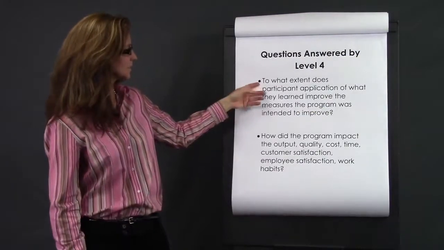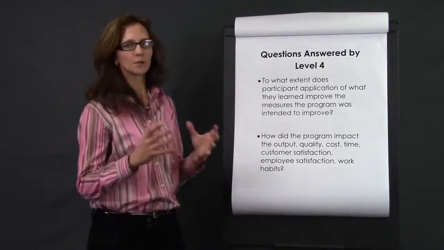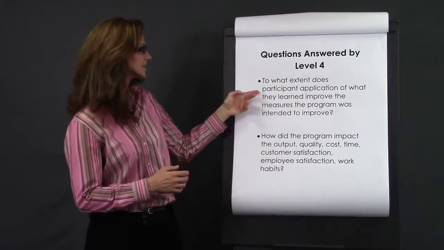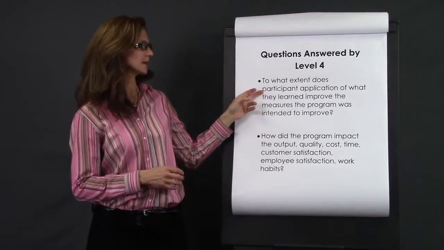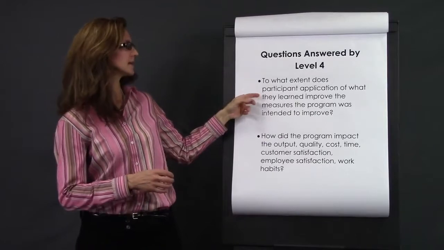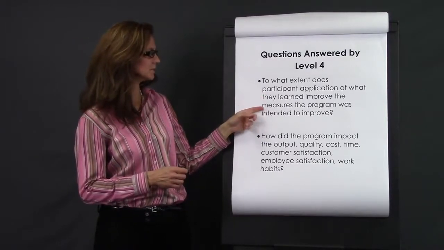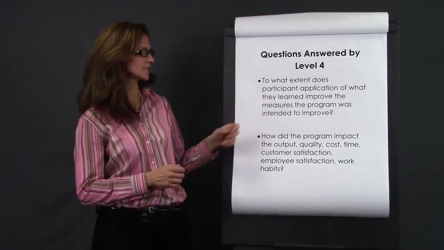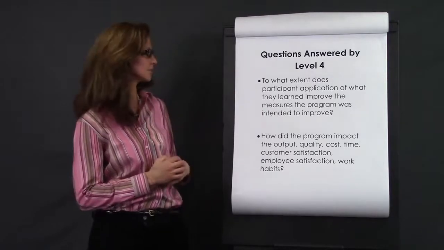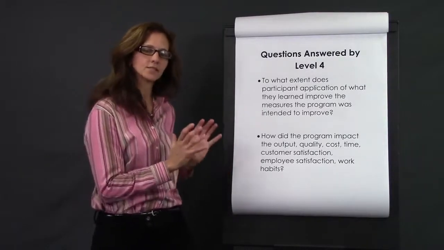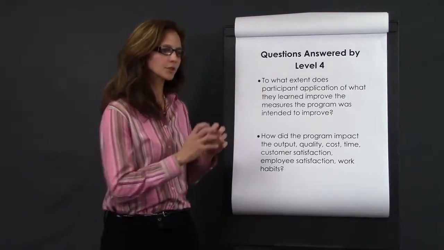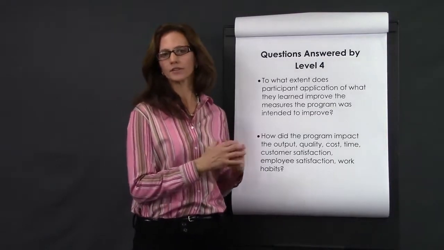So the questions answered by Level 4, again, are broader questions. To what extent does participant application of what they learn improve the measures the program was intended to improve? This also means you're grabbing data from all the other levels as well.